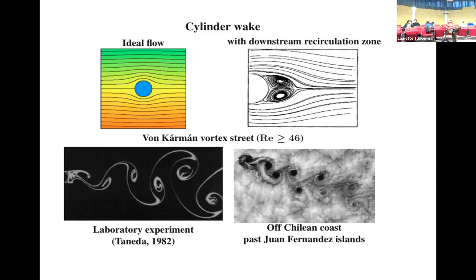These are great pictures. The one on the left is a laboratory experiment. The one on the right is from way up high above the clouds, and it is the wake of not a cylinder, but a mountain, which is up at the top left. The mountain is not tall enough to pierce the clouds. This is a great illustration of the Taylor-Proudman theorem.